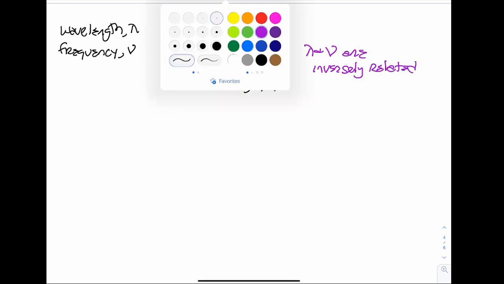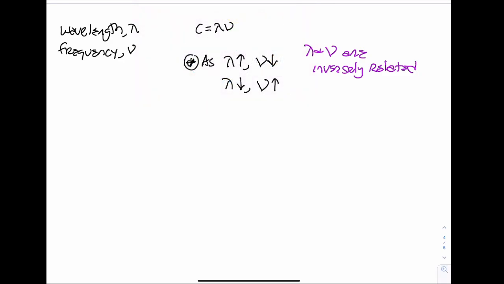We're going to add energy this time, and energy is going to be directly related to frequency. So h is a constant, Planck's constant, and if I multiply that constant by my frequency, I get energy.